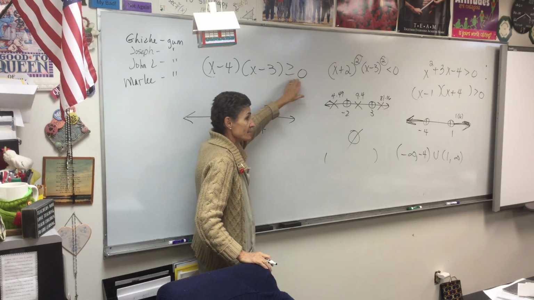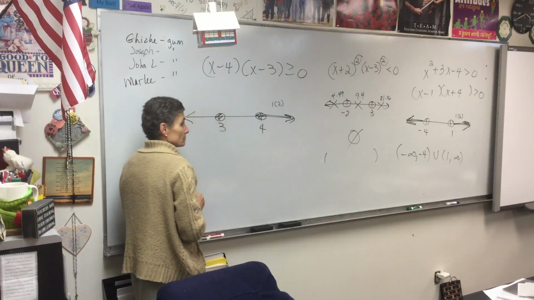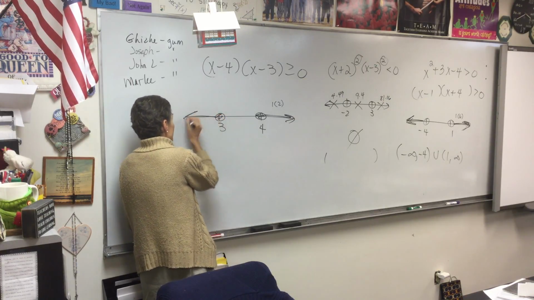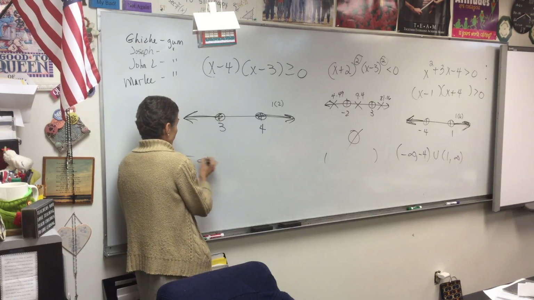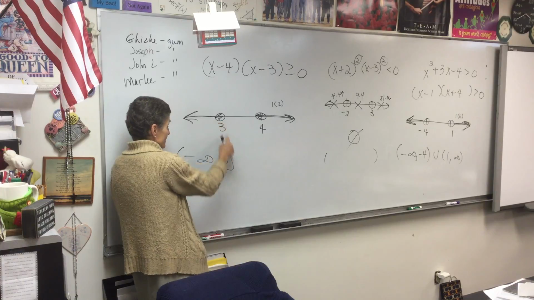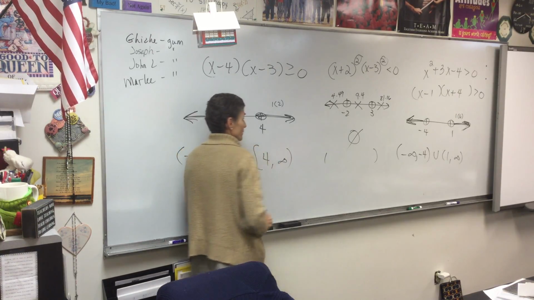Is that positive? Yeah. So this works. This won't, this will. So we're everything from negative infinity to 3, and I gotta use a bracket this time because it's a closed dot, or 4 to infinity.